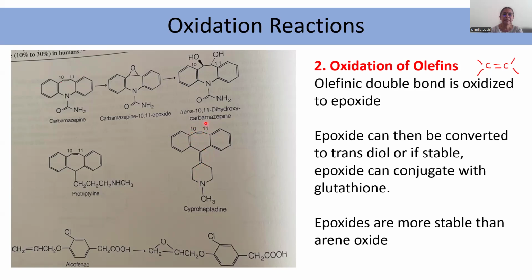This double bond is converted to epoxide and then to trans diol. In case of alcofenac, there is a terminal double bond, and this terminal double bond is converted to epoxide. Subsequently, the epoxide is converted to trans 1,2-diol.